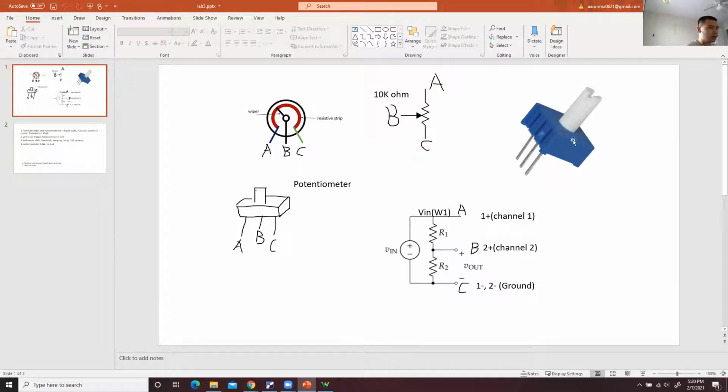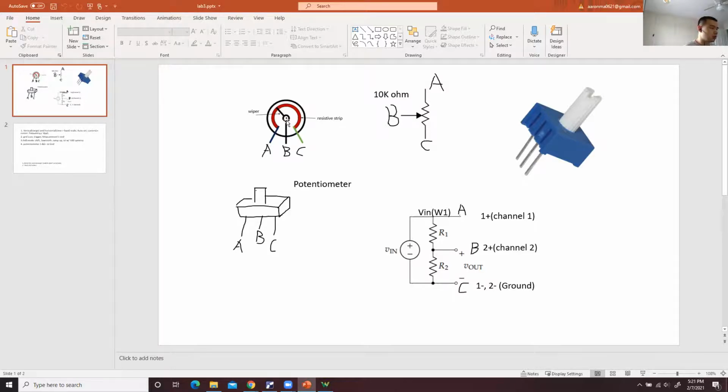And what's inside this component is like a resistor strip. Okay, if I connect pin A to pin B, if I turn my little knob to the most left side, when there is current going through pin A, it will directly go out to pin B. That's like 0 resistance, because the current does not go through your resistor strip.